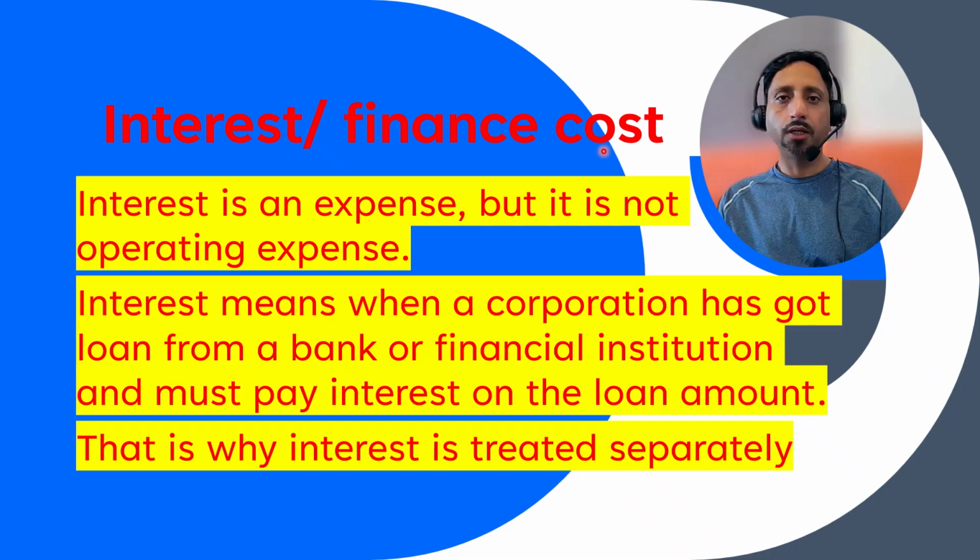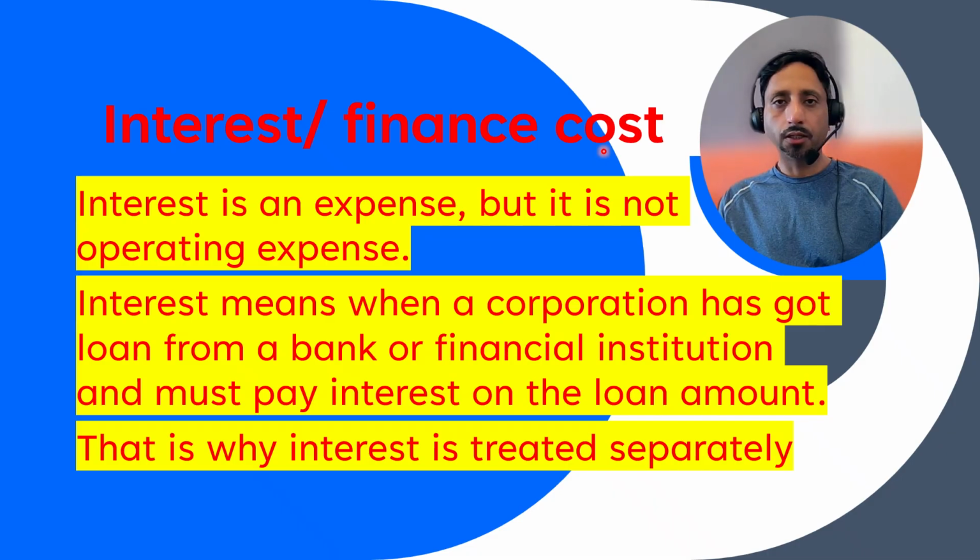Now there can be interest income as well, and that's also not taken as part of the revenue because that income is not from the sales of the units. So that is why interest expense or interest revenue is mentioned after the operating profit.